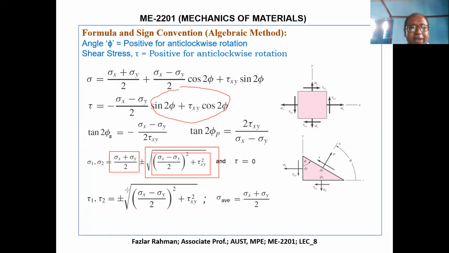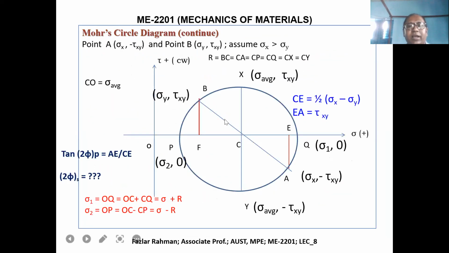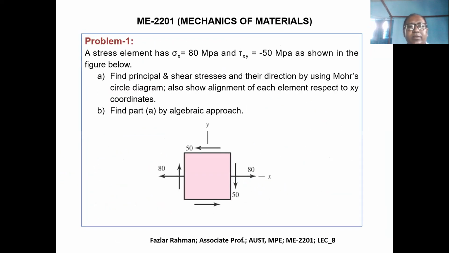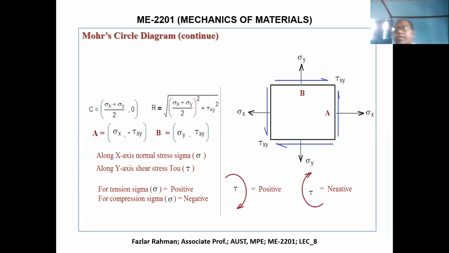So the radius of the circle is actually tau. If you are able to figure out the center of the circle, and if you know the radius of the circle, then you can easily draw the circle.